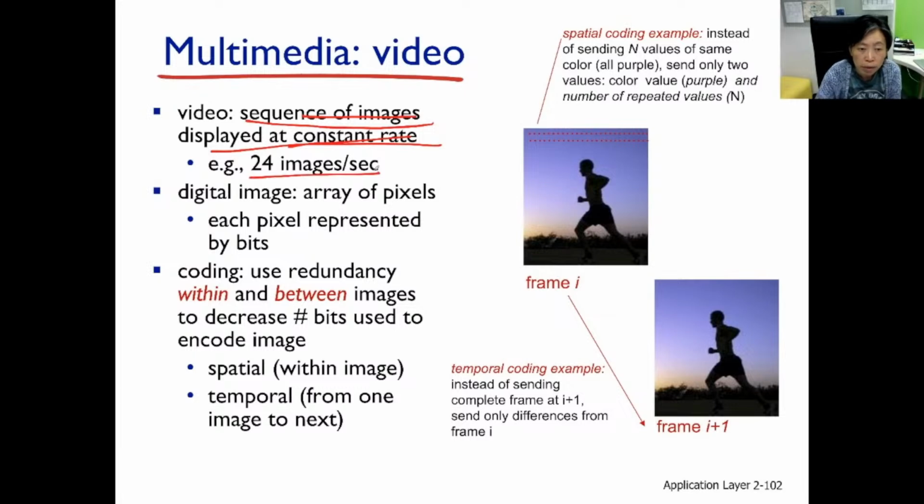For example, we take 24 images per second. That is what the cameras are doing, taking images continuously. Poly right now is sending 30 images per second, sometimes also called 30 frames per second. Your display will be displaying 30 images per second as well.